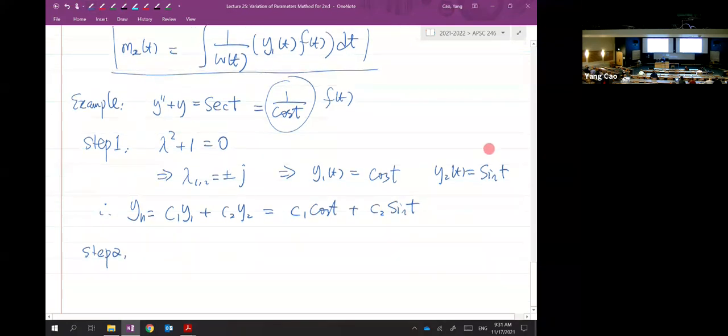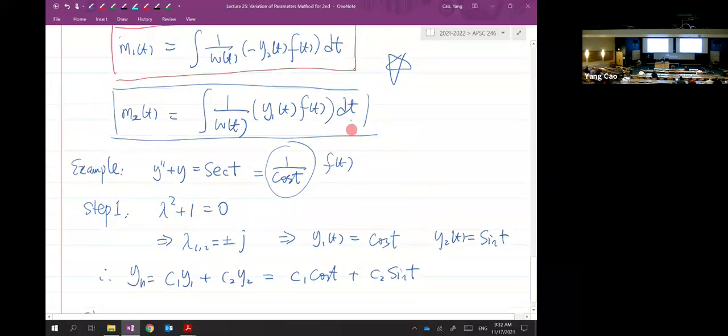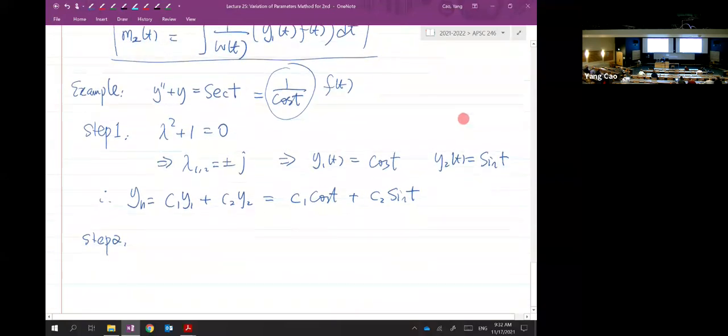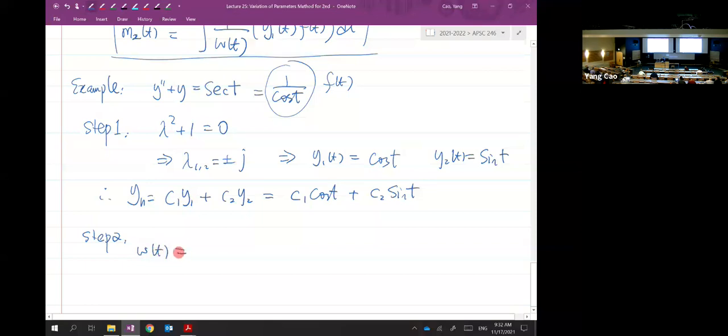Then in step 2, you start to apply the variation of parameters approach, because you know that undetermined coefficients is not going to work. So you look at the formula that you're dealing with here. You need to calculate this W of t first. Instead of just memorizing W of t, I would recommend that you memorize that W of t is the determinant of the Wronskian matrix. It's easier to memorize that way.